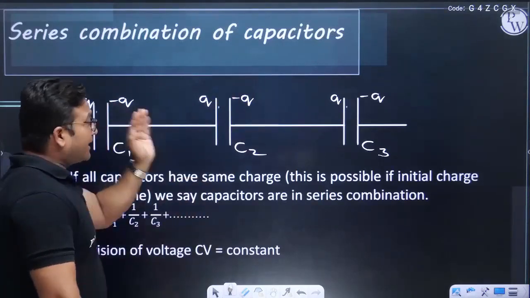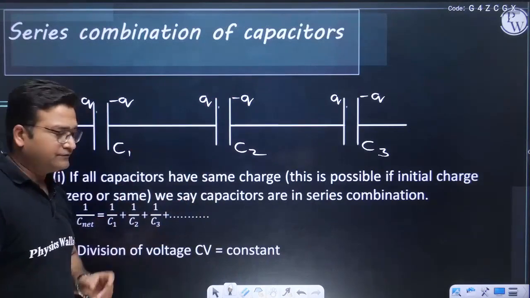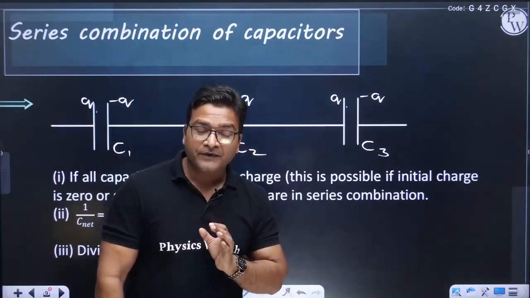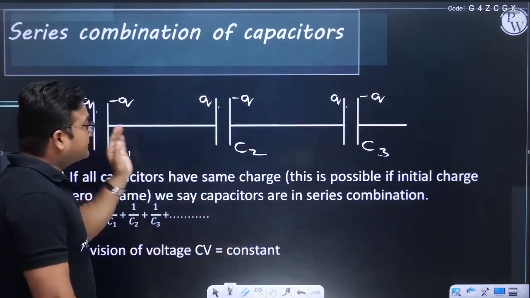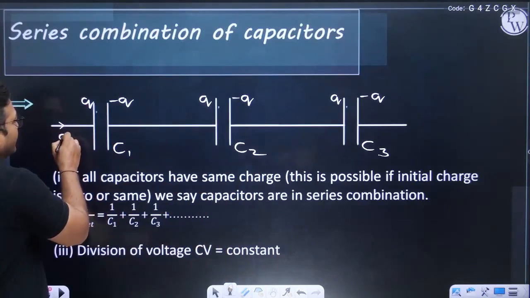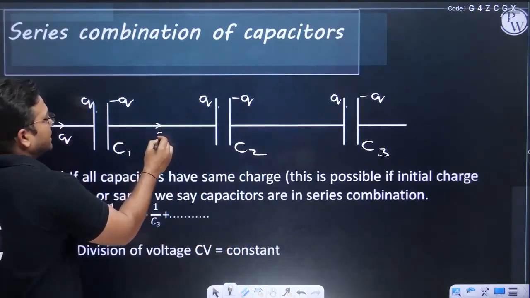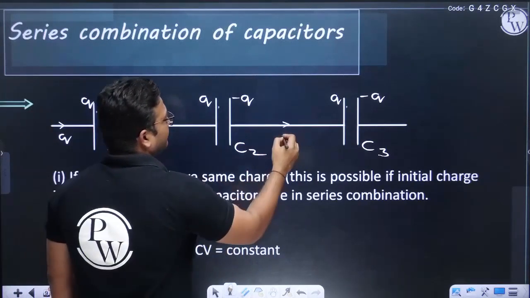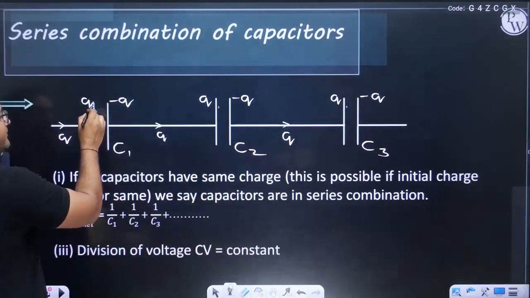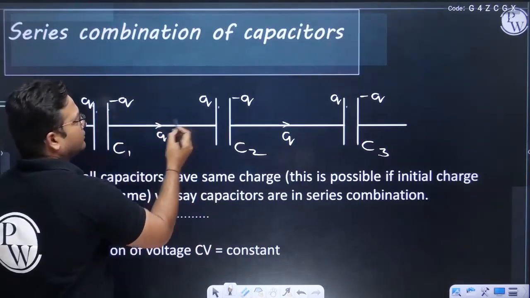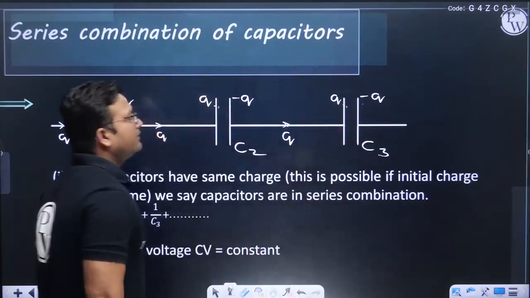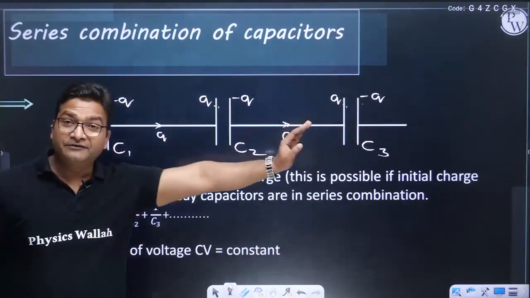And that can be true in two conditions. The first, if all three capacitors are initially uncharged. Then suppose Q charge is flowing in this branch. Obviously the same Q charge will flow in this wire, so the charge on the plates will be Q, minus Q, Q, minus Q, Q, minus Q. So the three charges will be the same.